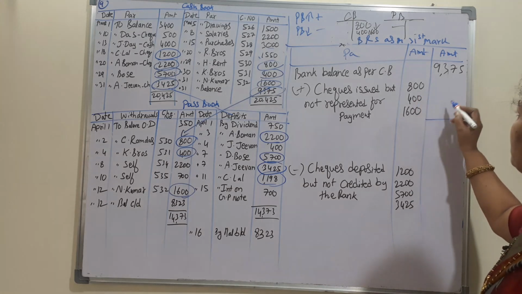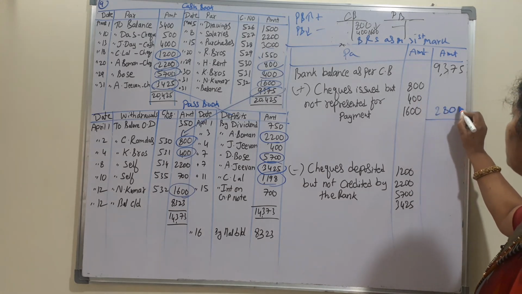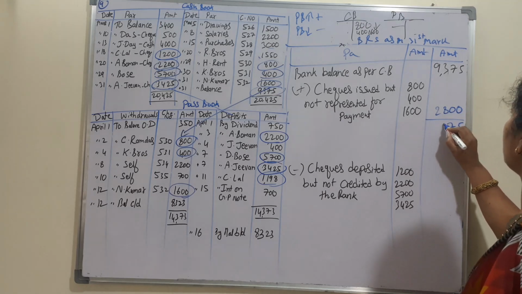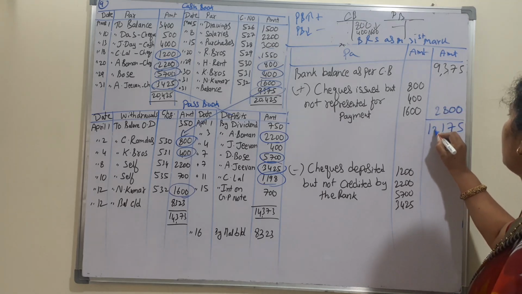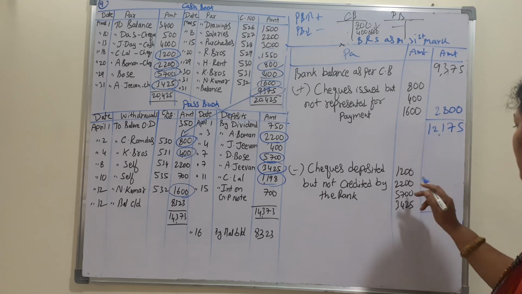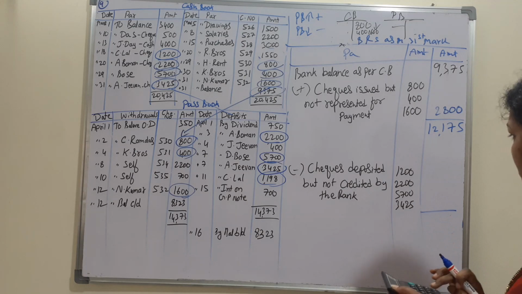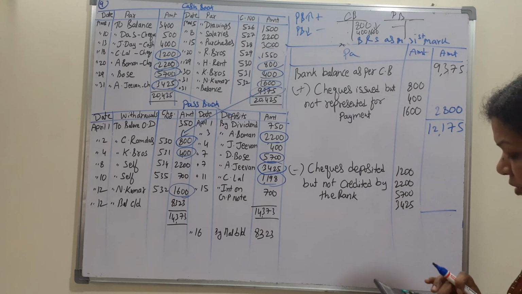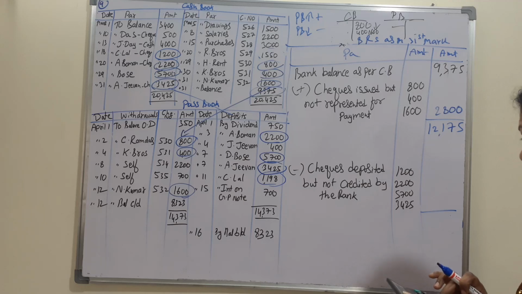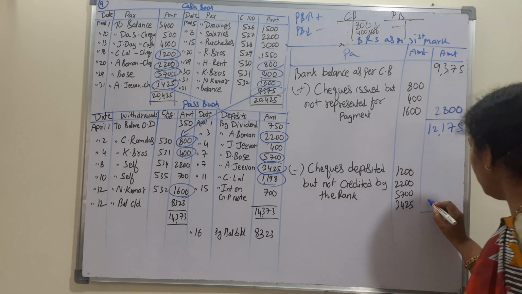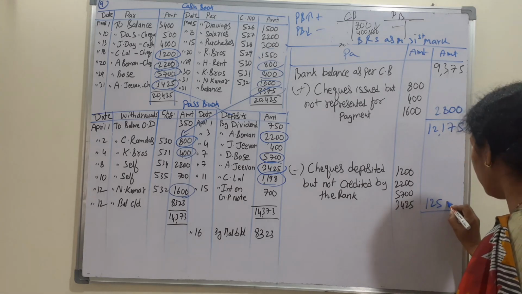1400, 2000, 2800. 12,175 and add these amounts. 1200 plus 2200 plus 5700 plus 3425. 12,525.